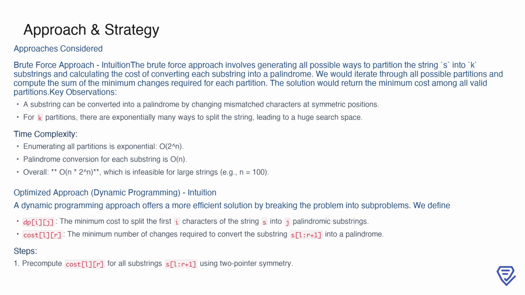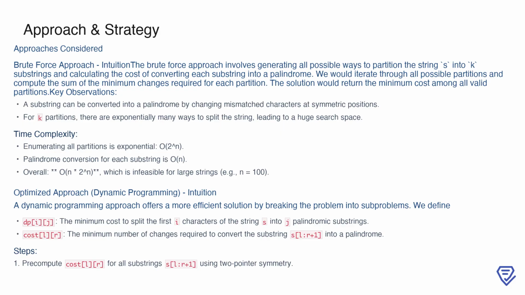When tackling this problem, one initial approach we can consider is the brute force method. Here, the idea is to generate all possible ways to partition the string S into k substrings and compute the cost of converting each substring into a palindrome. To transform a substring into a palindrome, we would make changes to mismatched characters at symmetric positions. While this approach ensures that we eventually find the minimum cost, the sheer number of possible partitions makes it computationally expensive.